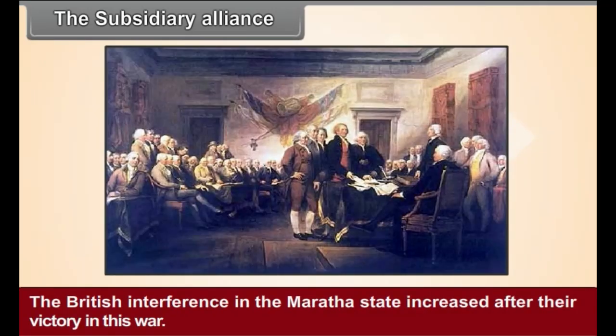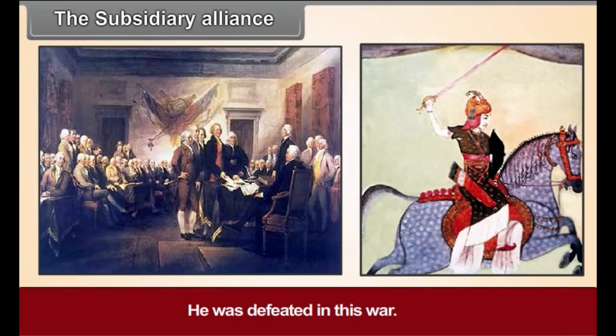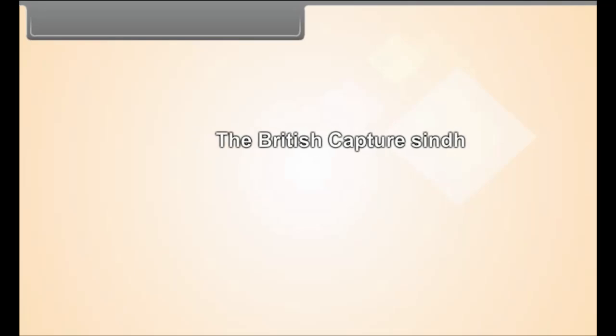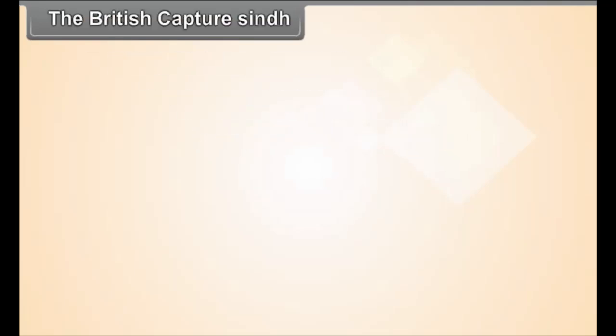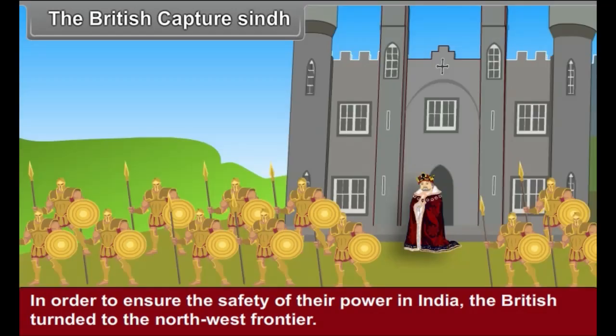The British interference in the Maratha state increased after their victory in this war. Bajirao II found it intolerable and went to war against the British. He was defeated in this war. He surrendered to the British in 1818. The British capture Sindh. In order to ensure the safety of their power in India, the British turned to the northwest frontier.